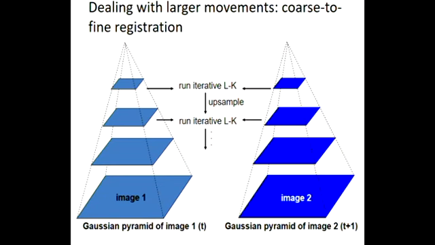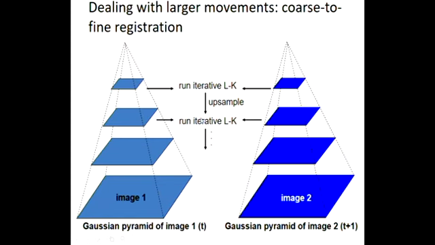The other way that I can deal with larger motions is by using coarse-to-fine registration. The idea is that you run LK, which stands for Lucas-Kanade, the algorithm we've been talking about. So you run the iterative Lucas-Kanade at coarse resolution. Then you upsample.